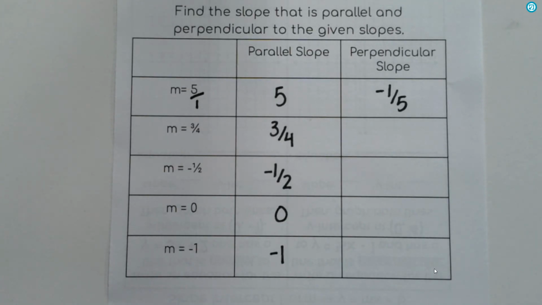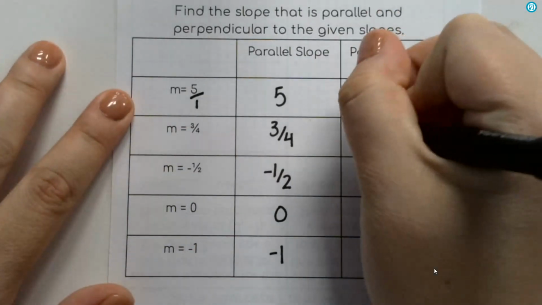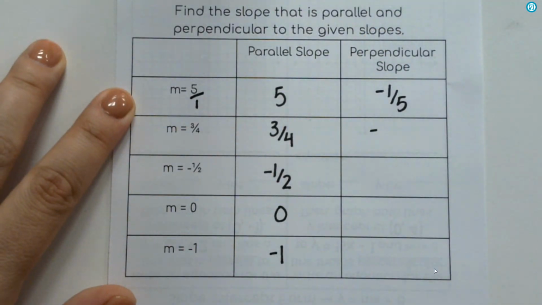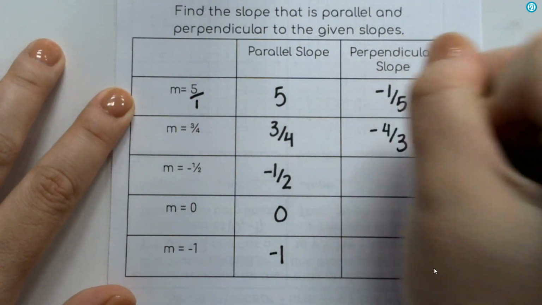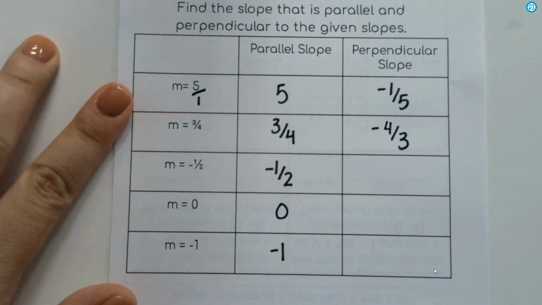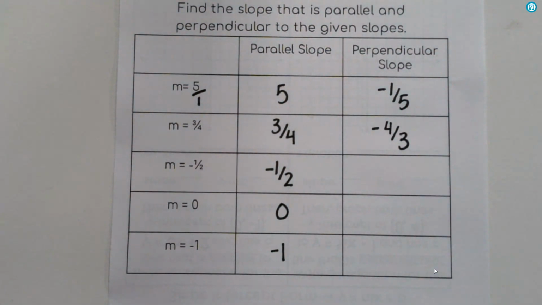Okay, perpendicular to 3/4. It's currently positive, so I'm going to make it negative, and I'm going to flip that. It's going to be 4/3. Okay, the next one, negative 1/2.